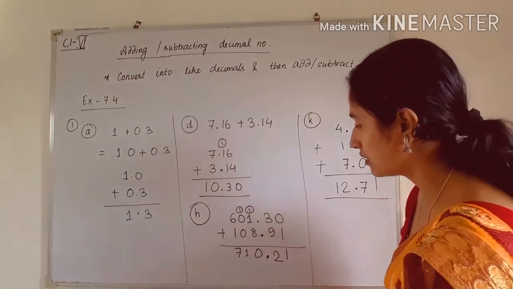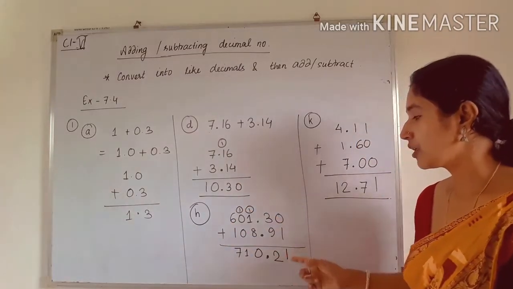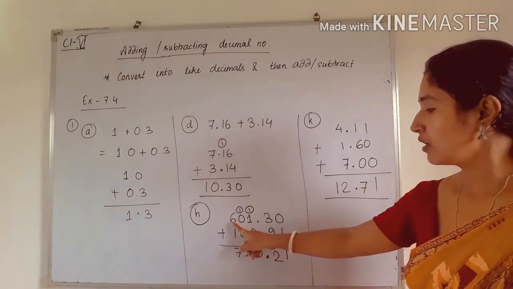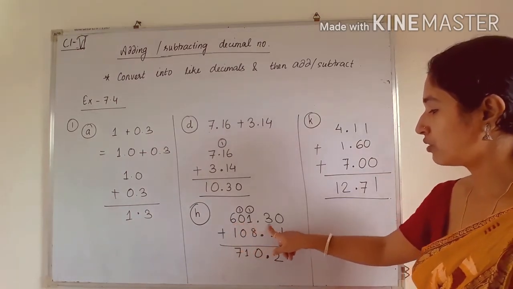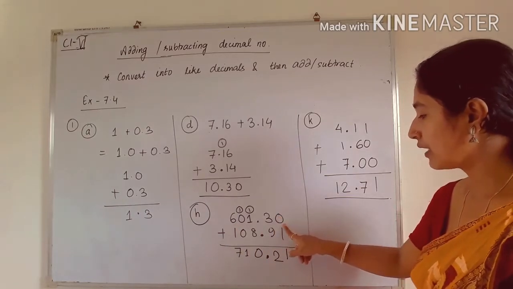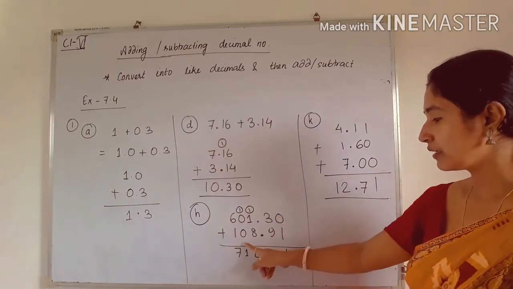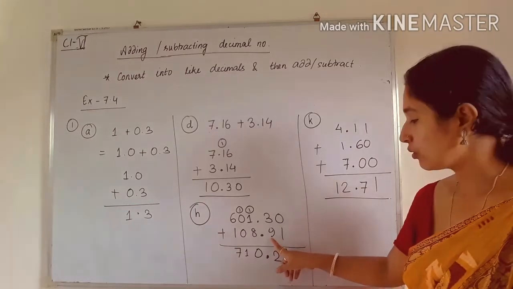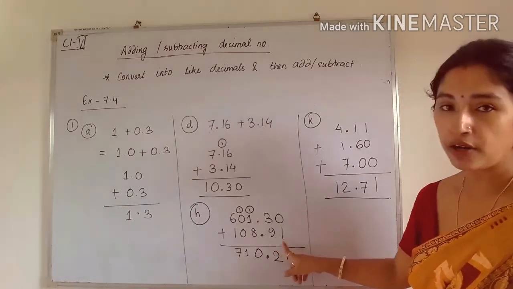So 10.30. See here, the next number H was not like, so I have made it like. How to make it like? This was 601.3, so I have written 0 at the end of the decimal number, because in the second decimal number we have the number of digits equal to 2 in the decimal part.